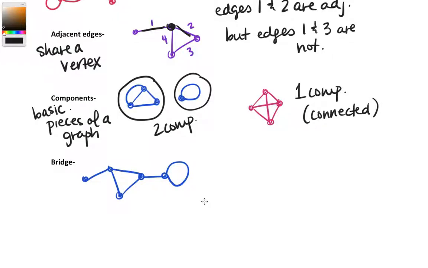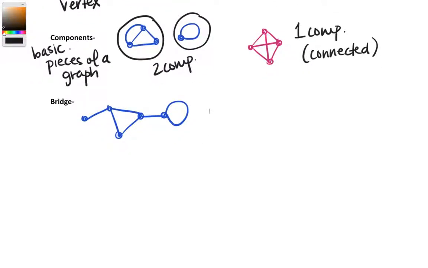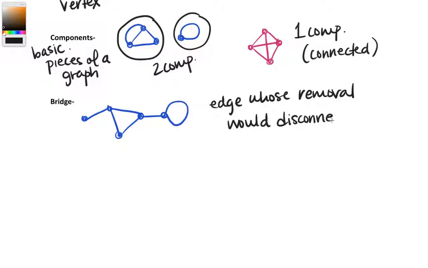And a bridge is an edge whose removal would disconnect your graph. Let's take a look at this graph here, and we'll see we've got 2 bridges actually. Our first bridge is this one. Let's just erase that edge entirely.